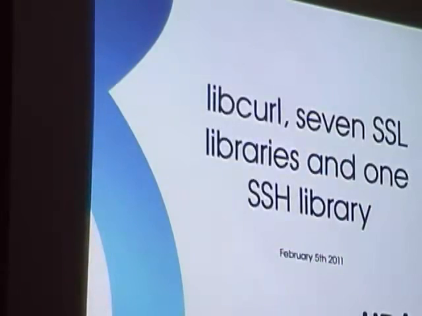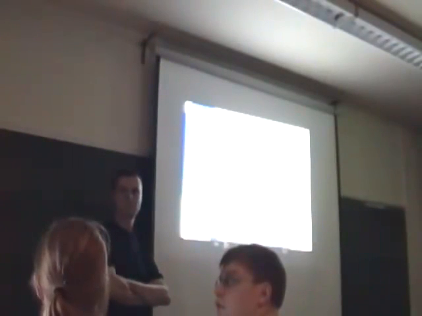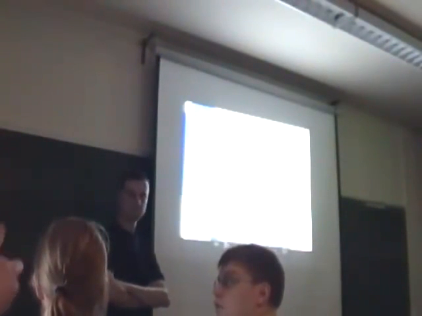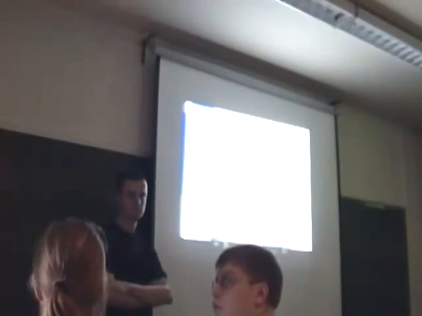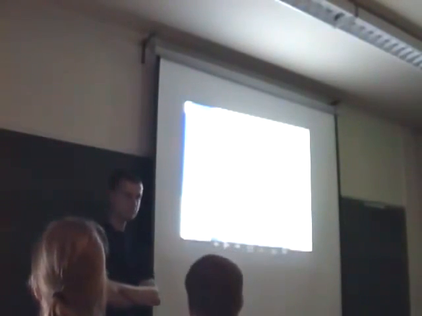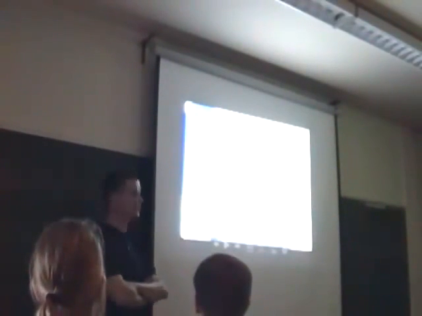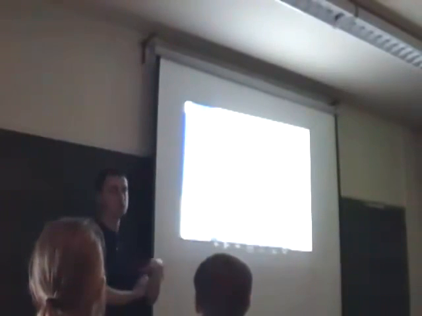I have a question. Have you considered exporting the curl SSL layer as an Uber SSL library that application writers could use, so that they could actually switch the SSL implementations? Or is it an internal library? No, yeah, I've considered it, but no, it's not a separate library. I just have an internal API, so all my code internally uses the same fixed API.